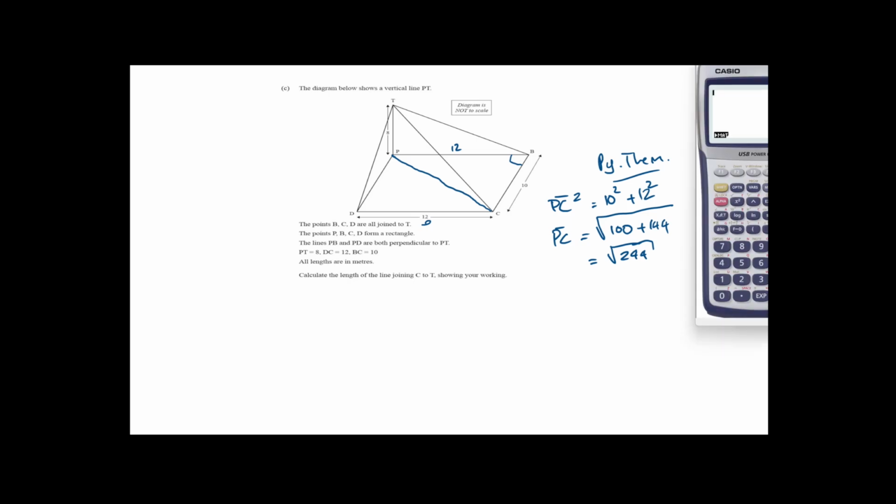So PC squared must be equal to 10 squared plus 12 squared. Pythagoras is there. Okay, so PC is going to be equal to the square root of 100, which is 10 squared, plus 144. Square root of 244, which I have no idea what that is.